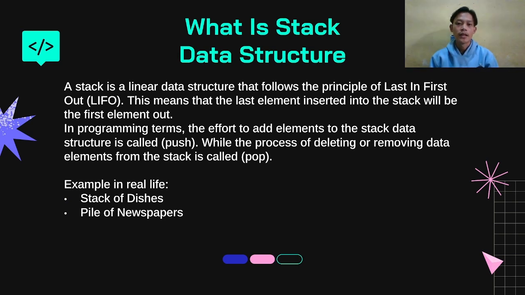It means that the last element inserted into the stack will be the first element out. In programming terms, the effort to add an element to the data structure is called push, while the process of deleting or removing a data element from the stack is called pop.